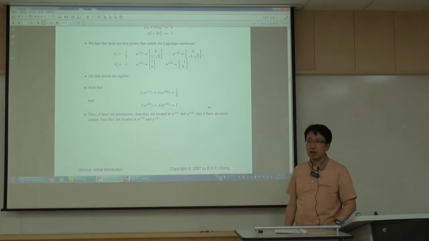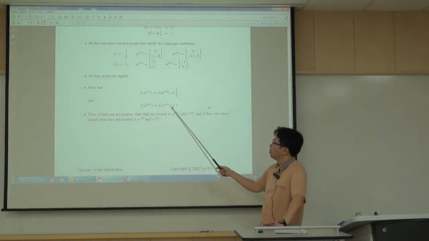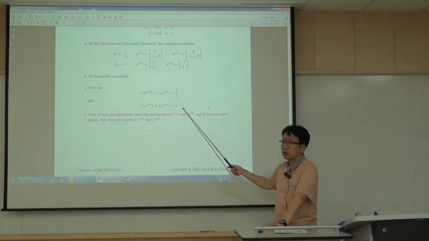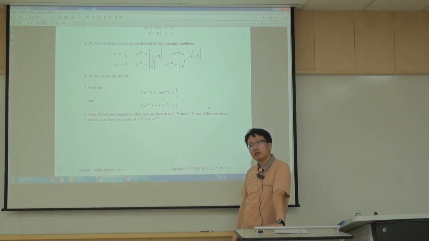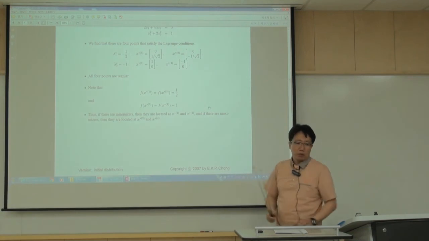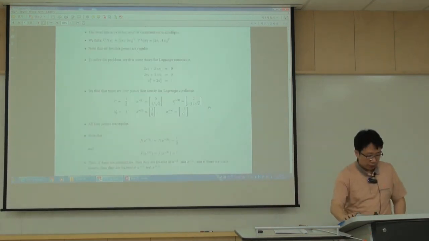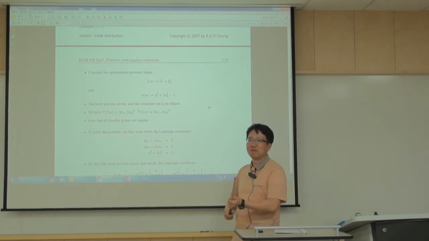So what can we say? Maybe these are local maximizers, and these are maybe local minimizers. Or we may have a very strange function. But actually, what do we have? Probably you remember the Weierstrass theorem.